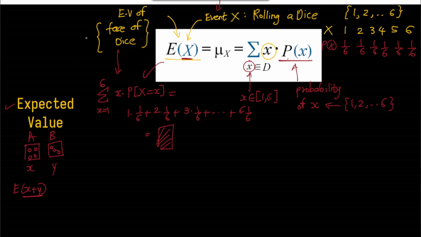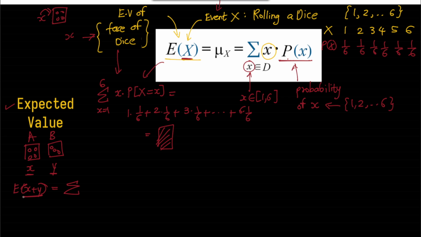In this case, we saw that the event was x, and we only had 1 die to consider, and we need to find out the expected value that will occur on the face of this die. But another question could be that we need to find the expected value of the sum of the values on the faces of the dice. So in that case, this will be the event for which we need to find out the expected value. Now in this case, the expected value formula will be as follows.